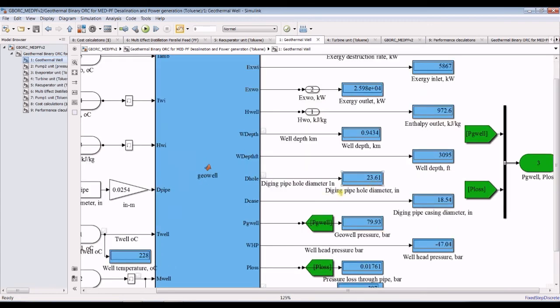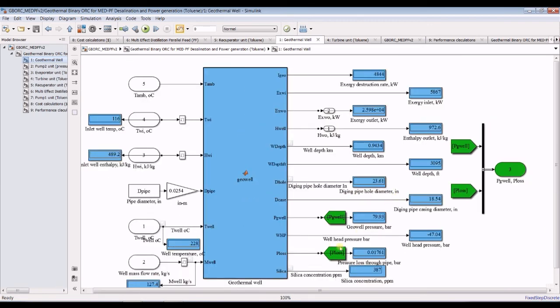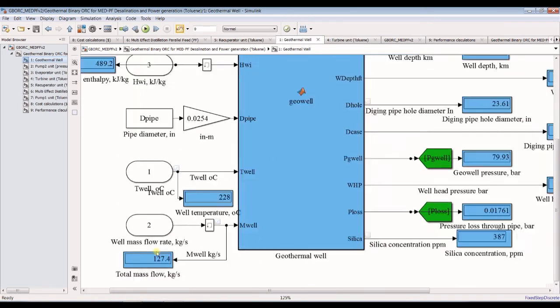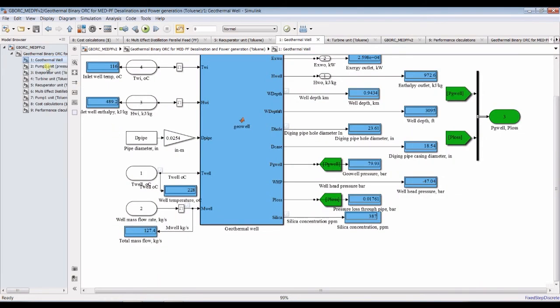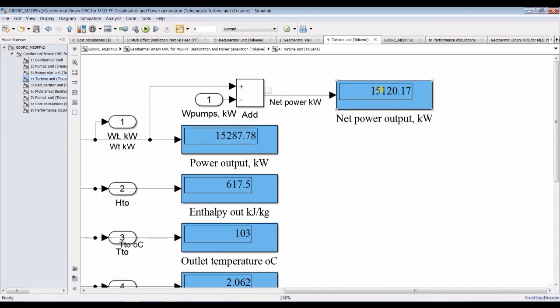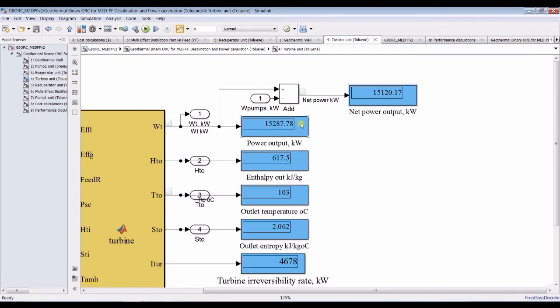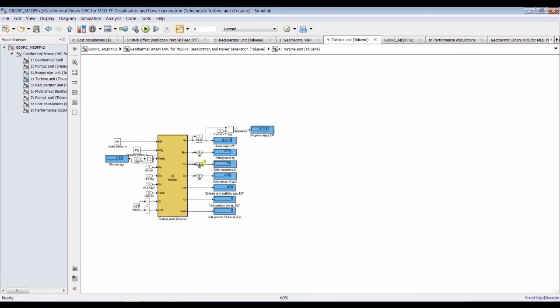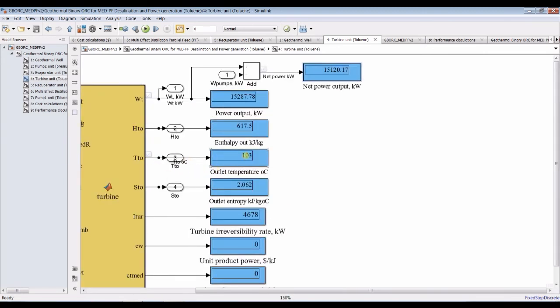Some piping hole diameter in inch, and we have here the top well temperature 228 and the total mass flow rate. For the turbine unit we are going to harvest a net power of almost 15 gigawatts. This is the total power, and this is the net power. Outlet turbine temperature is 100.